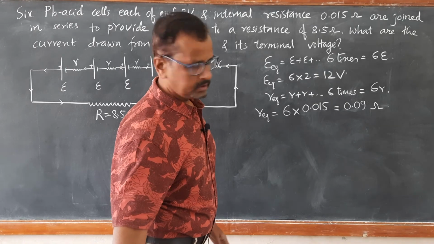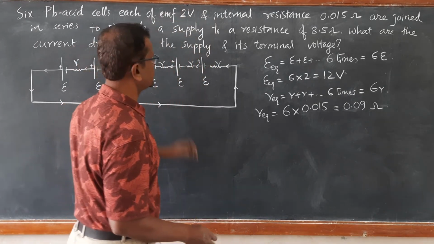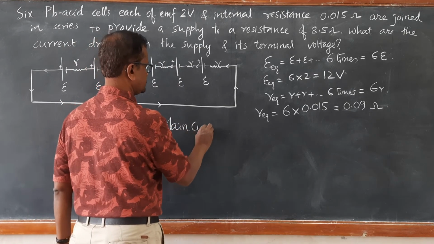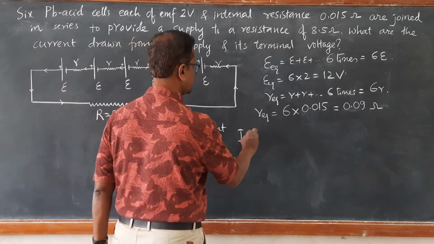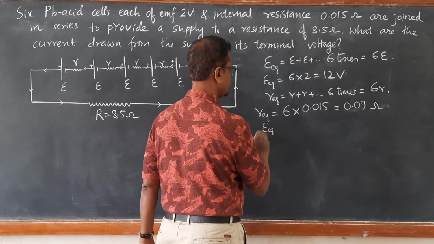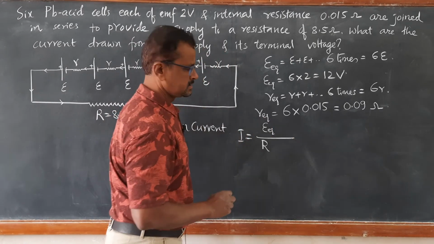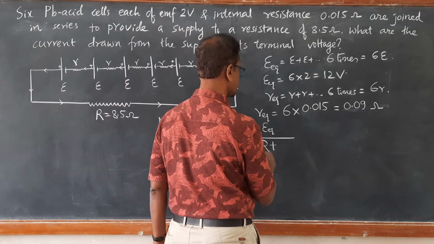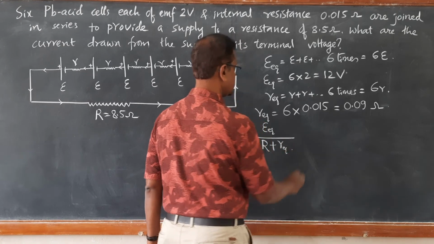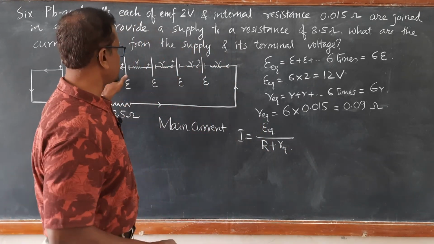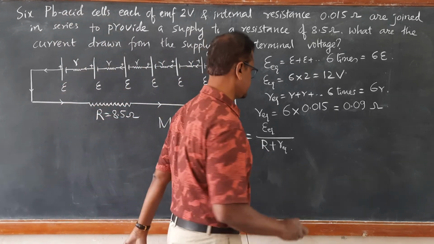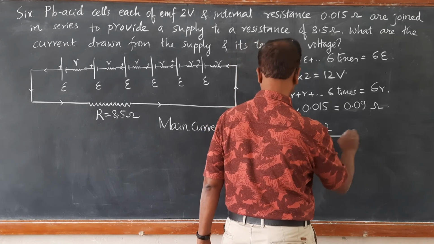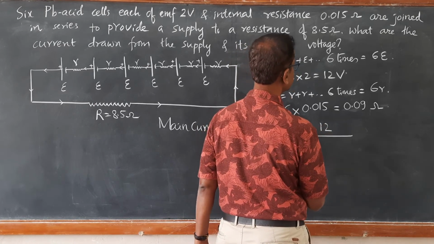0.09 ohm. Now the first question is, what is the current drawn from the supply? So the main current from the supply, I is equal to, we know, E equivalent divided by total resistance of the circuit. Total resistance of the circuit is external resistance R plus total internal resistance of the combination R equivalent. So this becomes 12 divided by R. What is capital R?